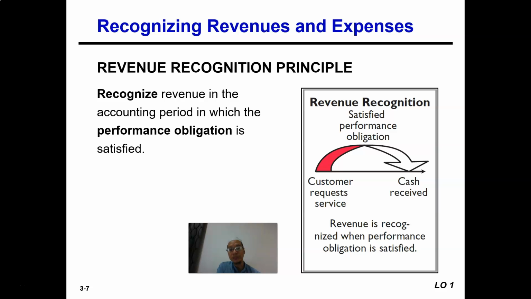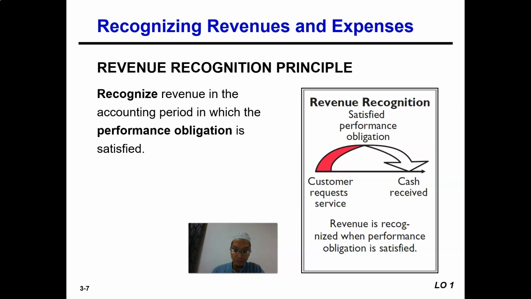Sometimes the difference between the cash and the events that occur spans across multiple accounting periods.